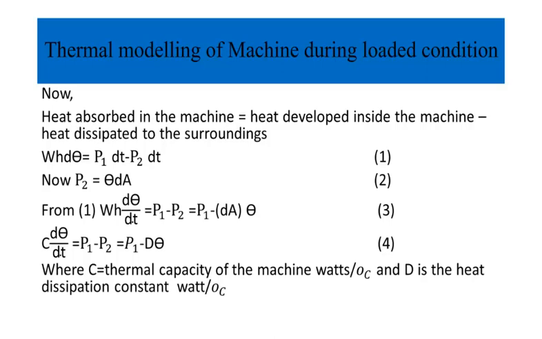W into H d theta by dt is equal to P1 minus D A theta. Again, by rearranging equation number 3, C d theta by dt is equal to P1 minus P2, which is equal to P1 minus D theta. Here C is the thermal capacity of the machine in watts per degree centigrade and D is the heat dissipation constant in watt per degree centigrade.